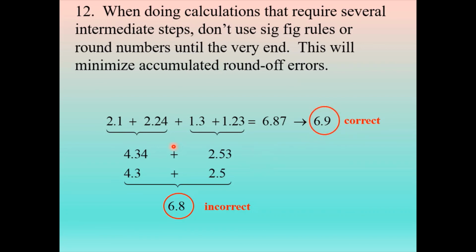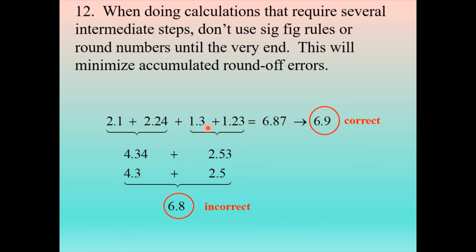But suppose instead we did this problem a little differently. Let's add 2.1 plus 2.24 first. You get 4.34, but we round that to 4.3 because we're only allowed to use one decimal place according to our rules. We'll keep that number 4.3 and hold it there.